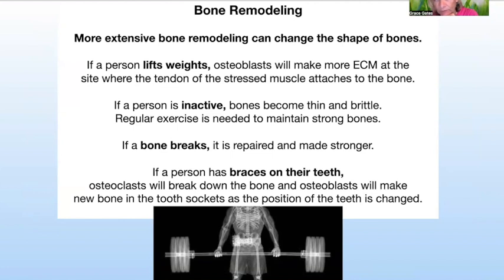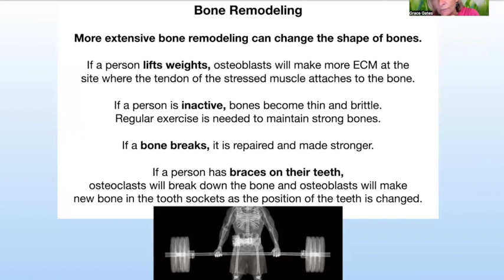Okay, this is very important. Actually, there were several cases where people were taking testosterone of the type that people take, like anabolic steroids, in order to build up their muscles because they were competing in some kind of sport. And their muscles were growing in leaps and bounds, but their bones and the extracellular matrix that should have been building up where the tendon of these newer, huger muscles were attached to the bone was not keeping pace with the growth of the muscles.